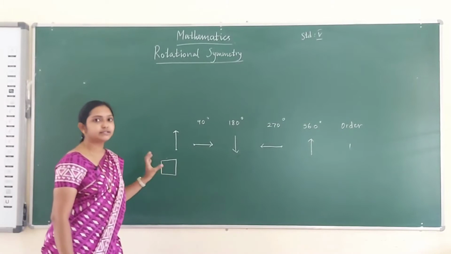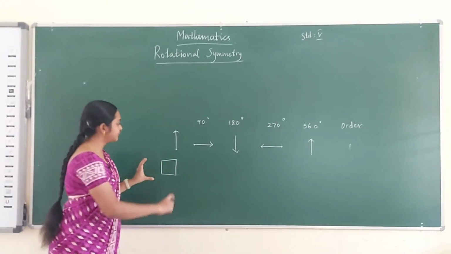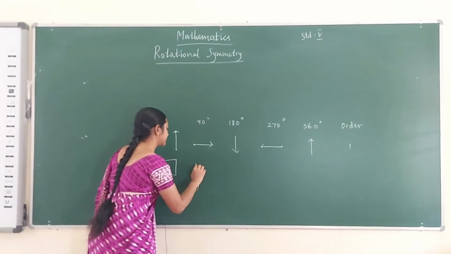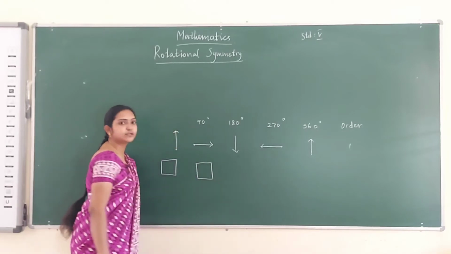We are going to rotate this square and find how many times it looked the same. If we rotate the square 90 degrees, it will look the same.